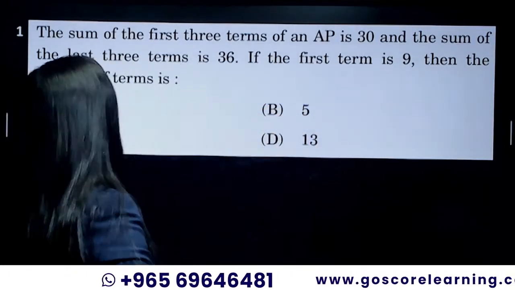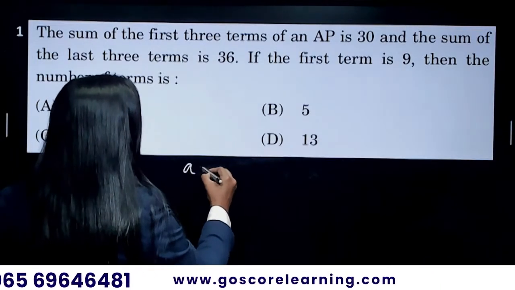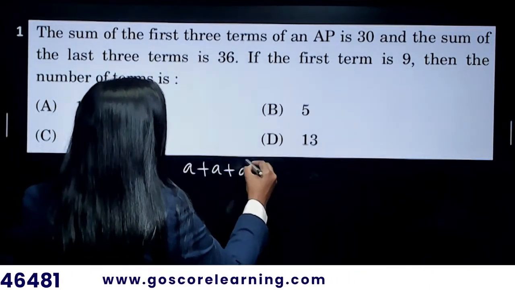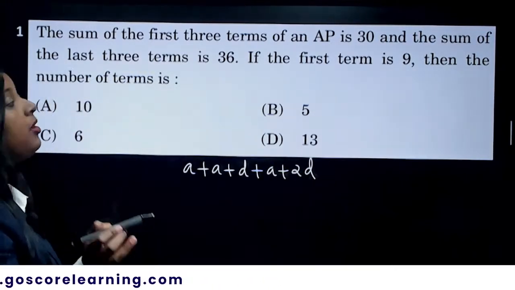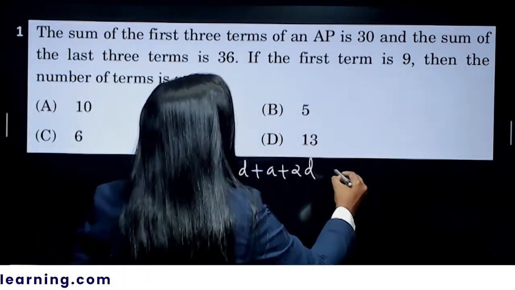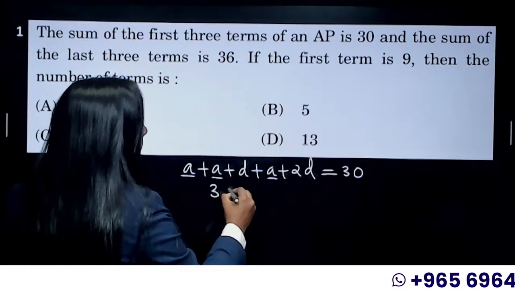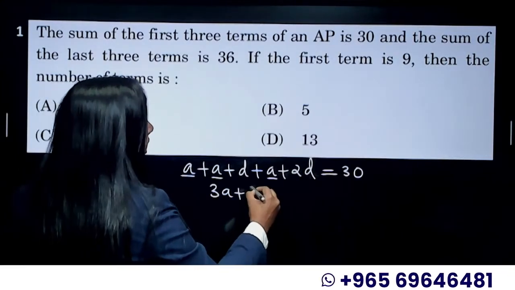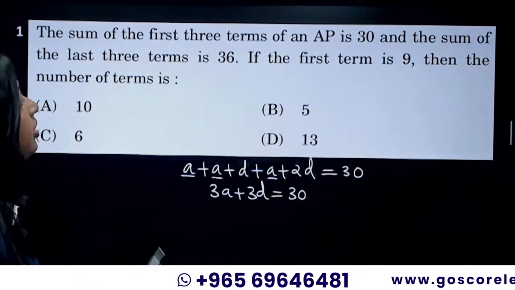Let's do it. The sum of the first 3 terms of an AP is 30. How will you write the first 3 terms? A, A plus D, A plus 2D. So what is A plus A plus A? It is 3A. And what is D plus 2D? It is 3D. That is equal to 30. And what is given?